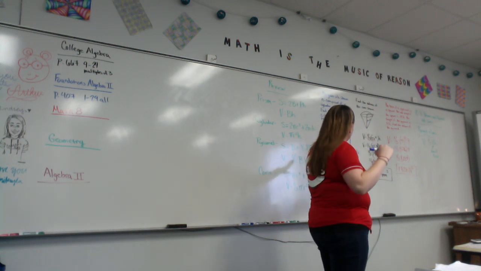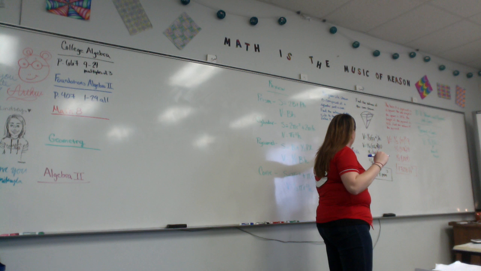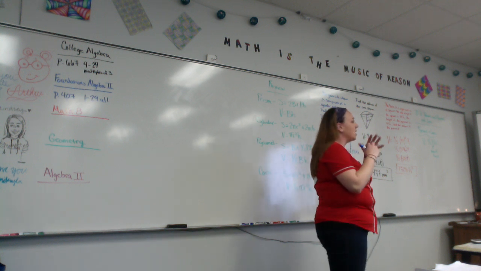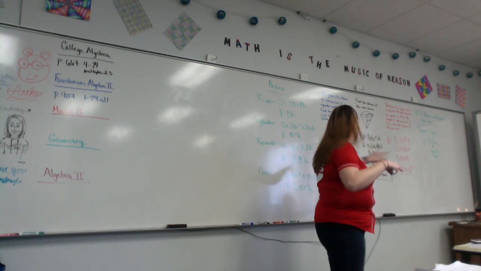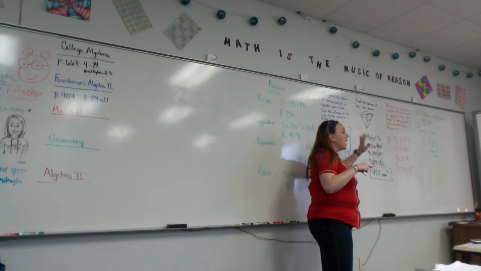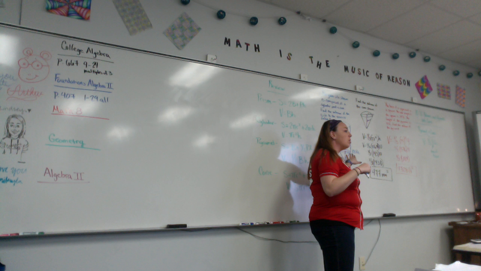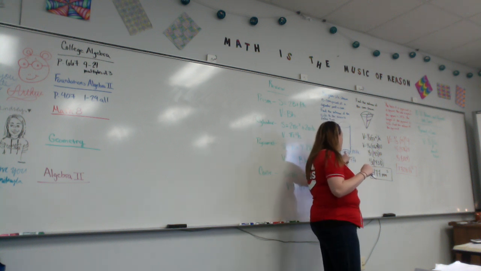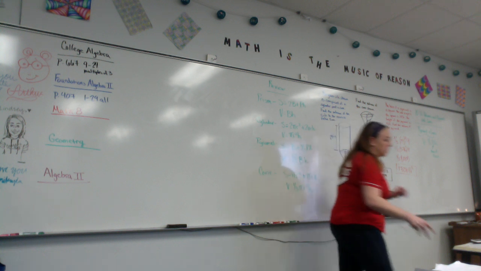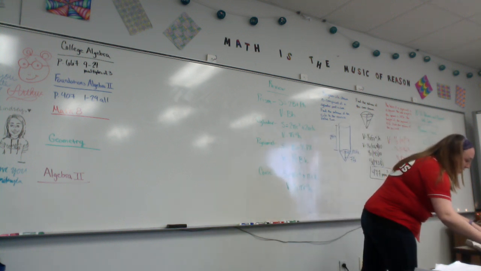What happens with this cone and this cylinder when they connect? Where do they connect? At this circle right here, right? So if I find the volume of a cone and the volume of a cylinder, I'm overlapping, aren't I? So we have to remember that and come back to it.